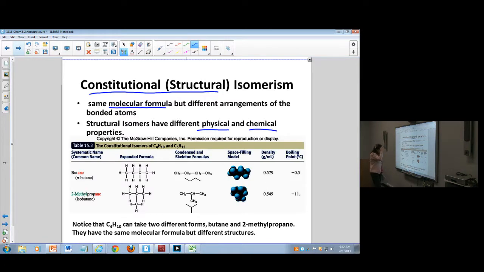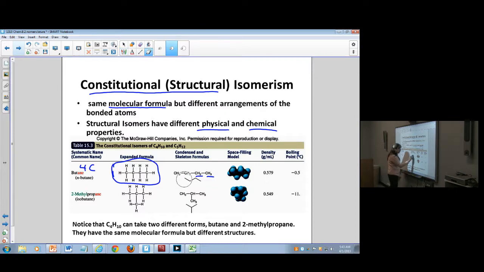We looked last time at butane. Butane, remember, has 4 carbons, and the ane indicates that it's all singly bonded. This is the expanded view, which you would start by learning to do. But once you've got that down, you would use this kind of view where you'd say 4 carbons with all the hydrogens needed to make the carbon obey the octet rule.